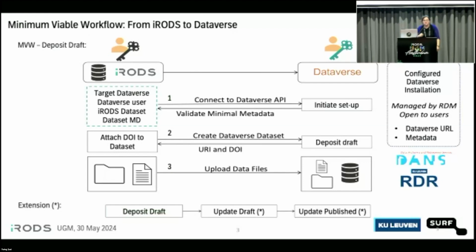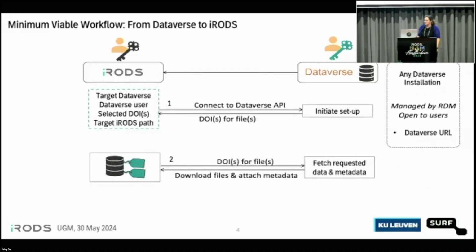This is because they may be different, not only the URL, but also the metadata that are required in order to deposit a draft. And we have worked for 2 Dataverse installations so far, the Dance and the Radar, apart from the demo vanilla installation.